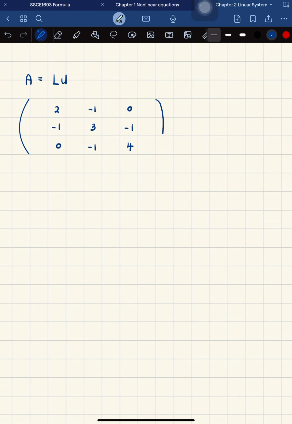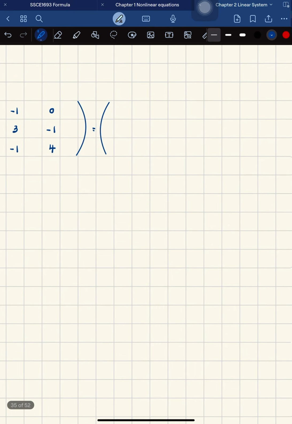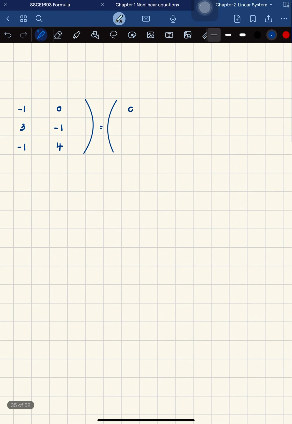Okay, so when we multiply LU just now, we have A squared, AB, AD, AB, similar, right?